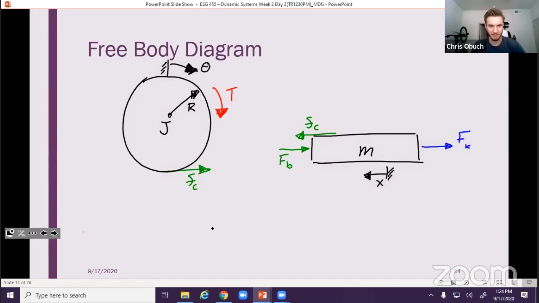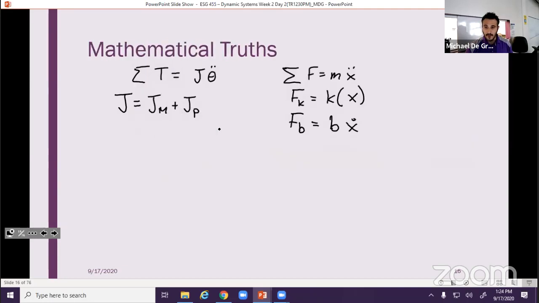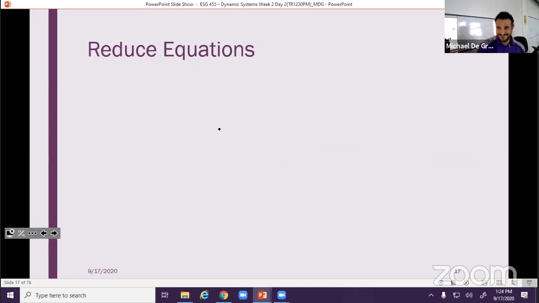That's completely valid, you can do it either way, because we went over how coordinate systems are an invention of humans, and therefore inherently flawed. So if we sum our torques for this particular one, we get J theta double dot is equal to my applied torque minus F sub C times R.